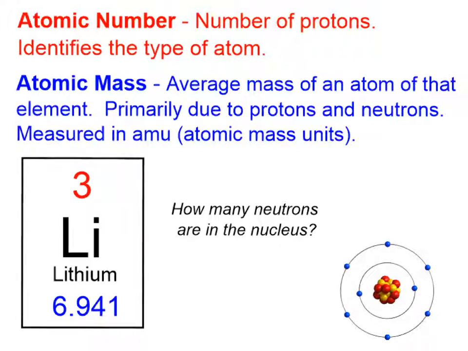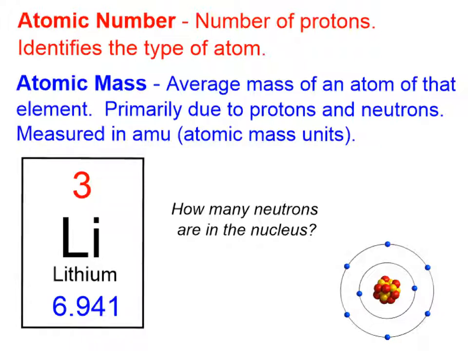Each lithium atom has 3 protons. It identifies the type of atom. If 4 protons were present, it wouldn't be lithium. It would be beryllium. If 5 protons were present in this atom, it would not be lithium or beryllium, it would be boron. The number of protons identifies that type of atom.